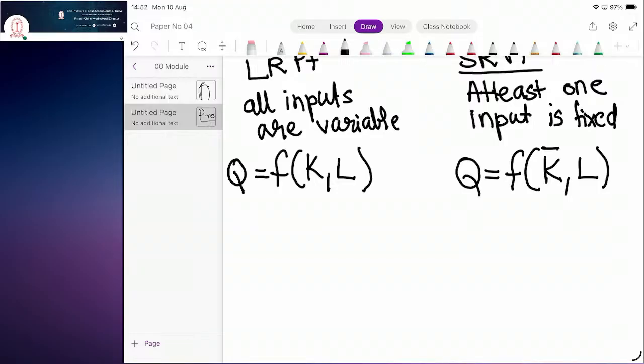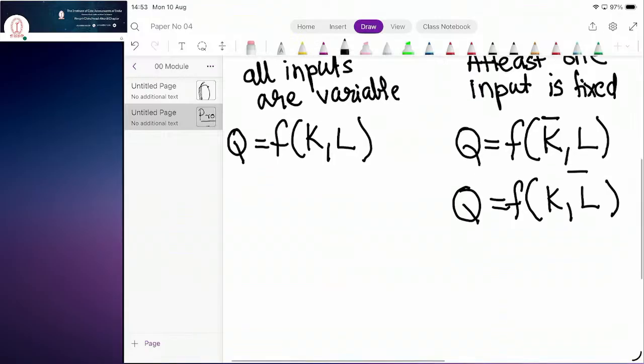Can you all write that in your notebook? With a dash over L. Is that right? All of you got this? So this is a convention, where at least one input is fixed.